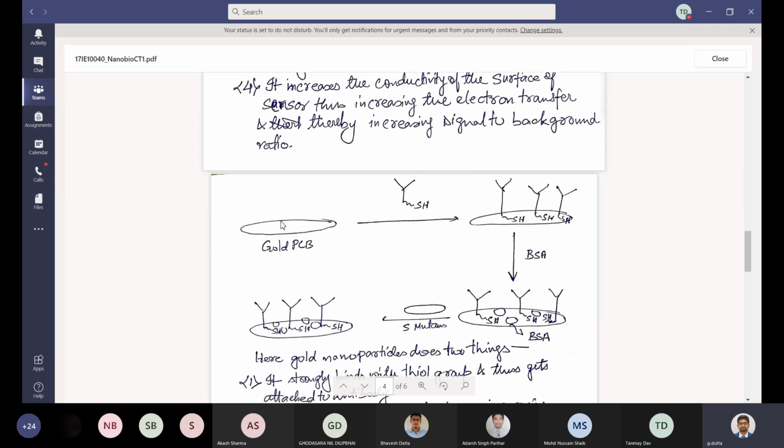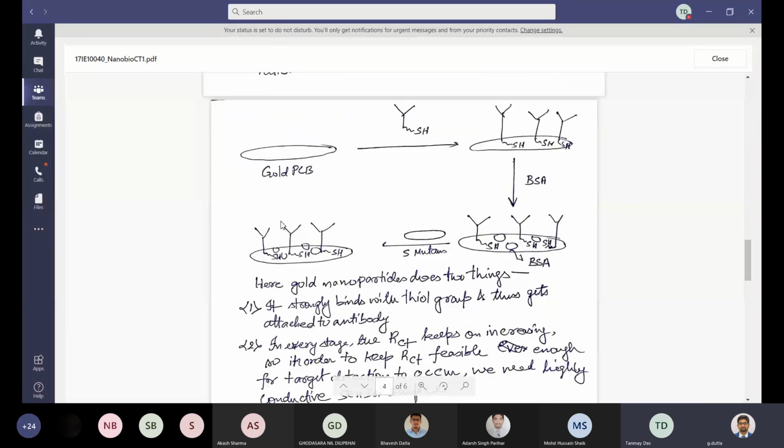It is a kind of coated board, gold plated, not gold nanomaterial. So you have to put some nanomaterial here. Even you can put some gold nanoparticle here. Then you can put this antibody assay. It will bind on the surface. It is fine. Your concept is good, but some points are missing. That's why you are getting a little bit less marks. Okay, go next.